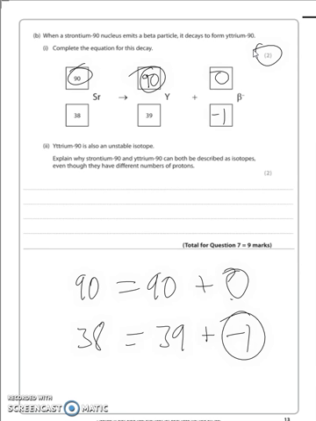Yttrium-90 is also an unstable isotope. Explain why strontium and yttrium can both be described as isotopes, even though they have different numbers of protons.